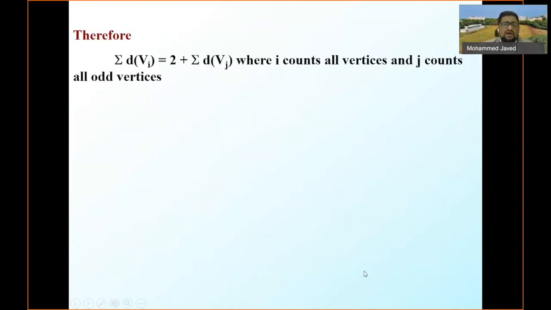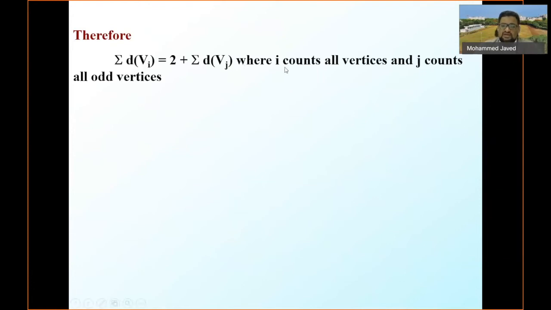So now, what is the conclusion? The conclusion is that the total degree of the vertices, sigma d(vi), is equal to 2 plus sigma d(vj), where 2 is the degree of the root, whereas sigma d(vj) is the degree of all other nodes, which includes the internal nodes and the pendant nodes.